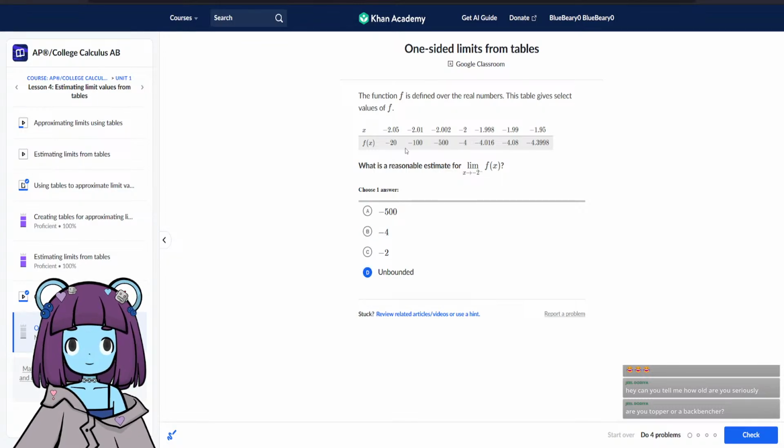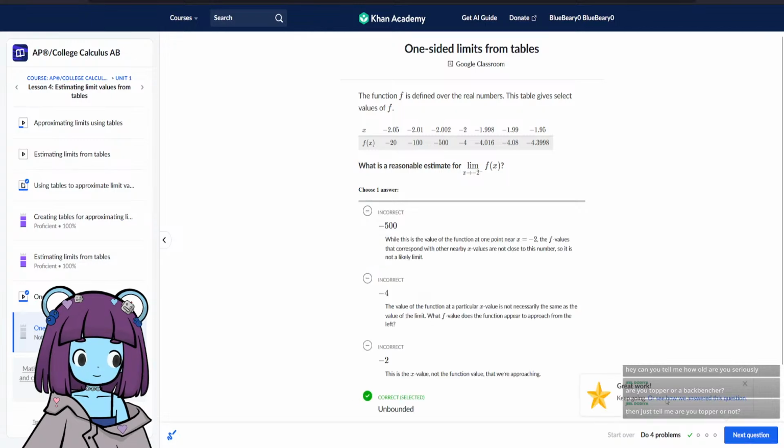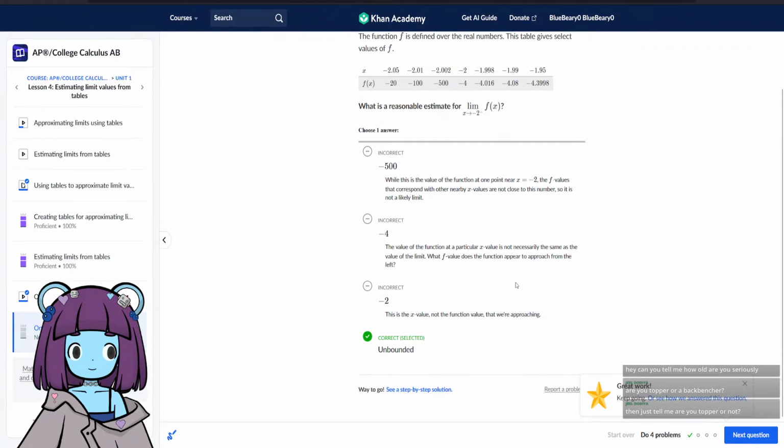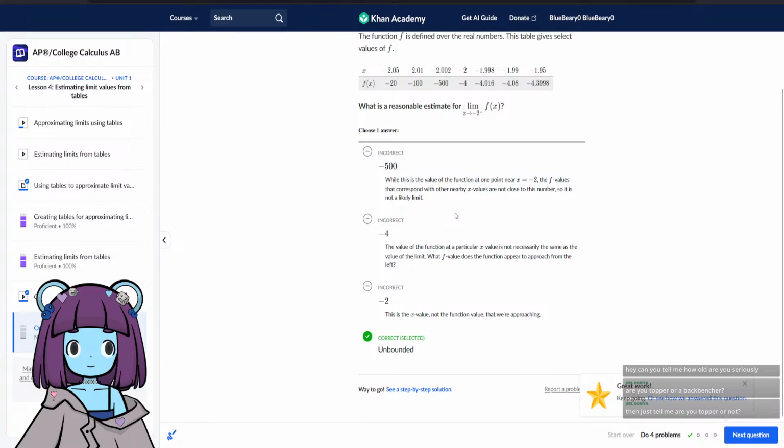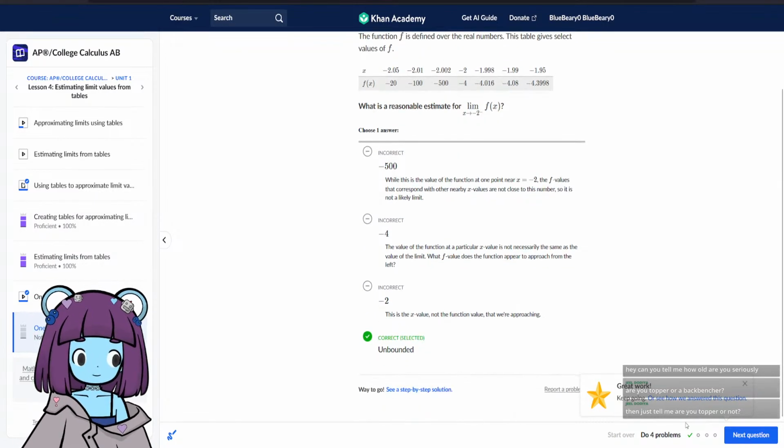It goes from -20 to -100 to -50 or 500. So we don't actually look at the actual value, just how it approaches -2 from the left.